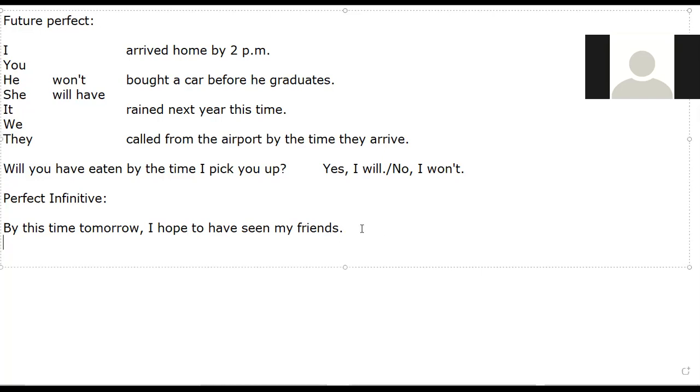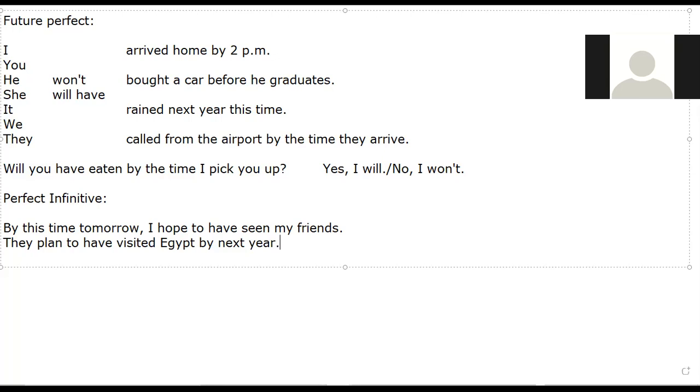Or you can use plan, for example. By next year, they plan to have visited Egypt by next year, for example. Okay. El plan toma el lugar de hope. Exactly, the hope.